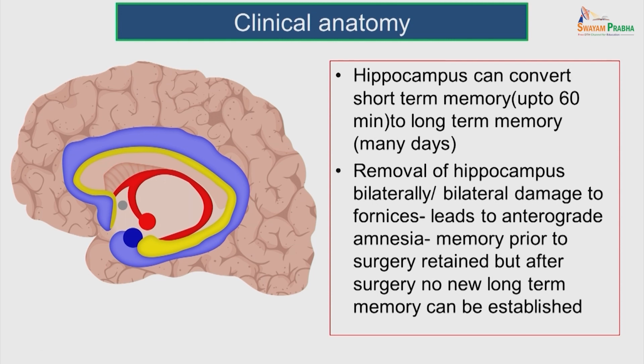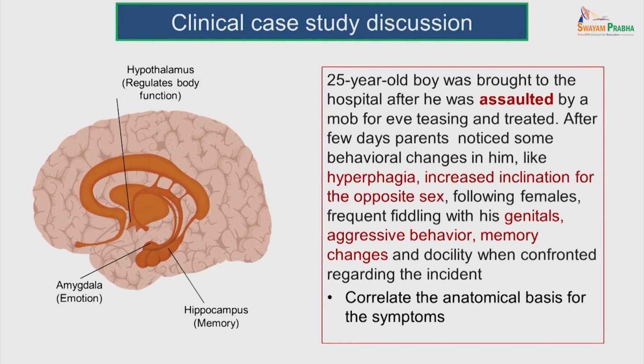What does it mean? The memory prior to the surgery is retained, but after surgery no new long term memory can be established. So, that is what happens if there is bilateral damage to the hippocampus, because the fornix is the sole output. If that is damaged, there is antegrade amnesia.